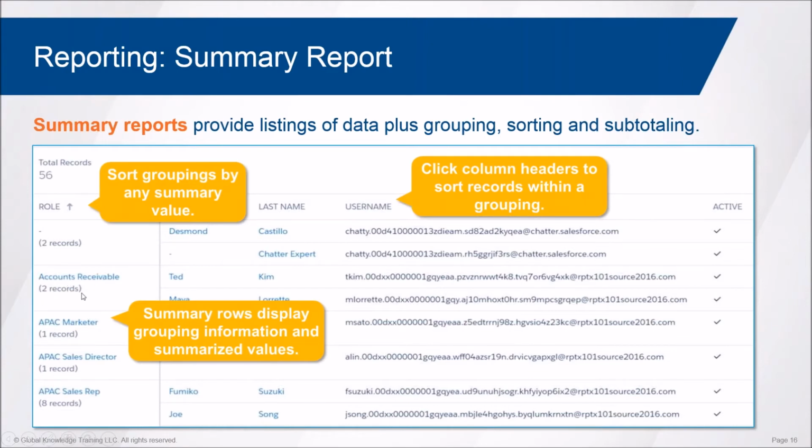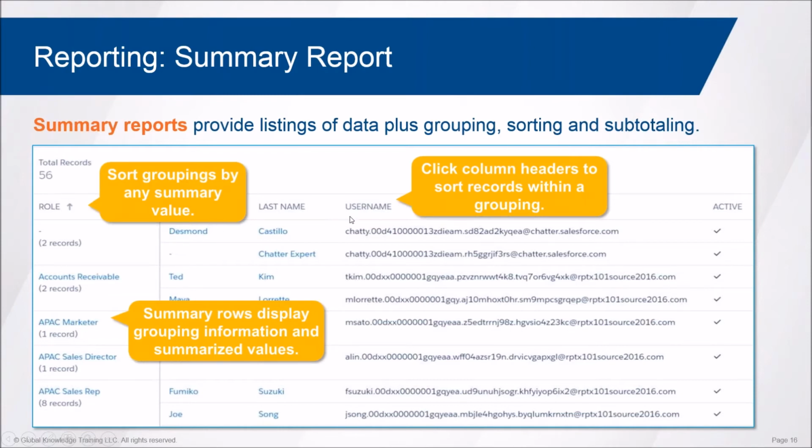So you can see for accounts receivable, we have 2 users, 2 records, in other words, 2 users. For APAC marketer, we have 1, and so on and so forth. Down here to APAC sales rep, we have 8 records, in other words, 8 users being returned that are grouped into this APAC sales rep role.